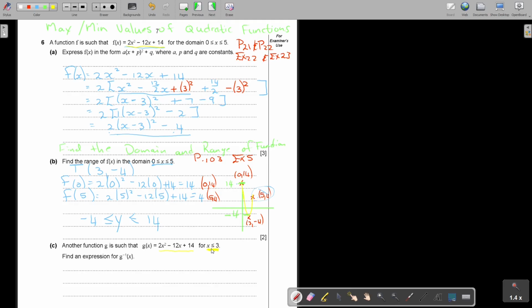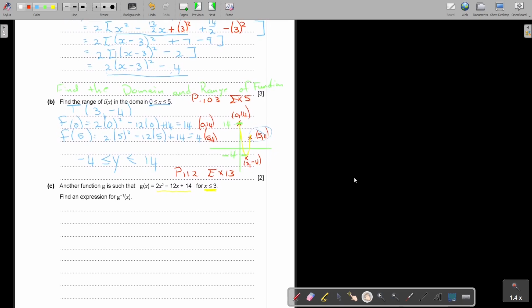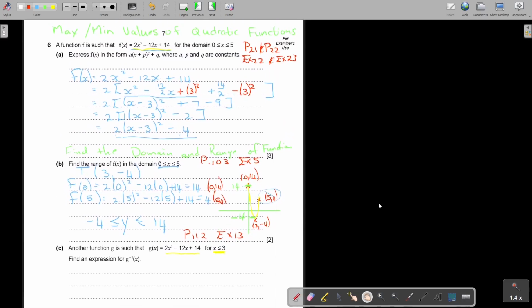Now, again, where will you find this? There's a nice example on page 112, example 13, in the y equals mx plus c section, and it will also help you, especially with the last part. If you want to find the inverse of a quadratic equation, then it must be in this format.